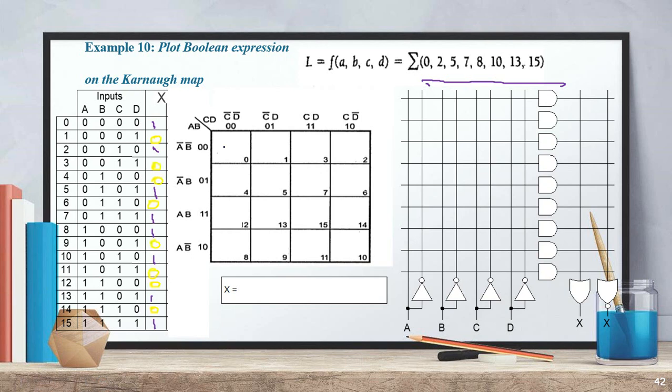Now the KMAP representation: wherever 1 is present, it is present in 0, 2, 5, 7, 8, 10, 13 and 15. Now how to do the grouping for this one?